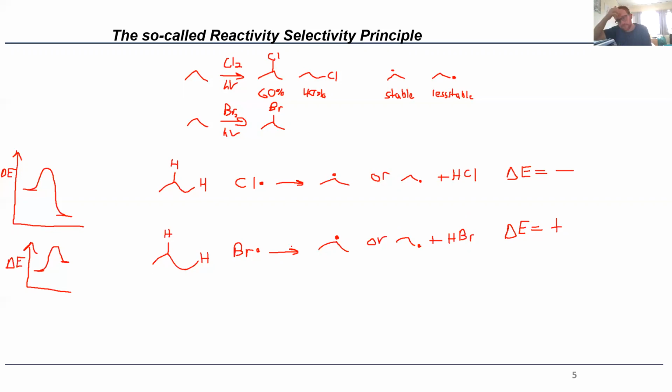Now, an explanation for the reactivity-selectivity principle has been put forth as the Hammond postulate.